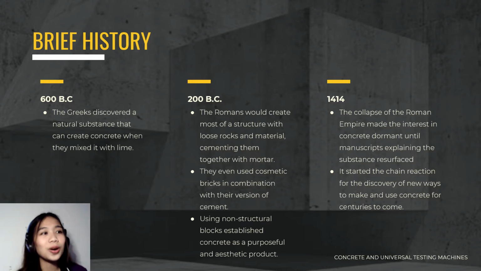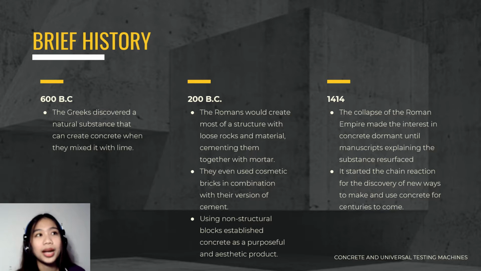In 600 BC, the Greeks discovered natural substances that can create concrete when mixed with lime. As time went by, in 200 BC, the Romans created most of their structures with loose rock and materials, cementing them together with mortar.